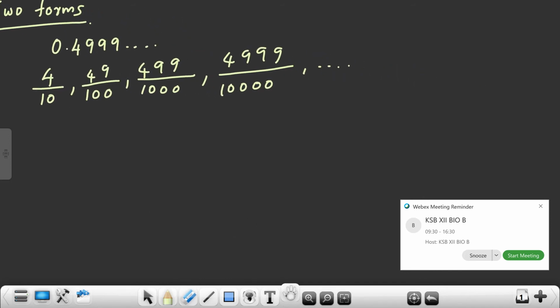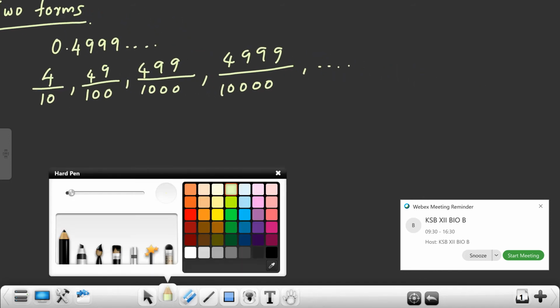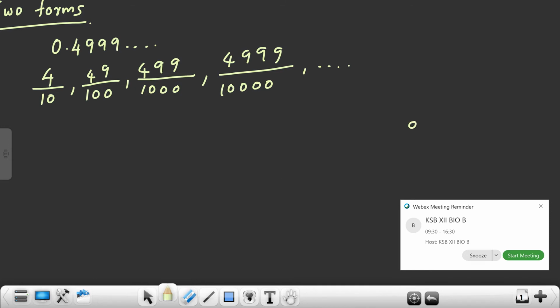There is one easy method here. Look here. We know that 0.49999 etc. is approximately equal to what? 0.5. That means corresponding fraction is 5 by 10. 5 by 10 is what? 1 by 2.